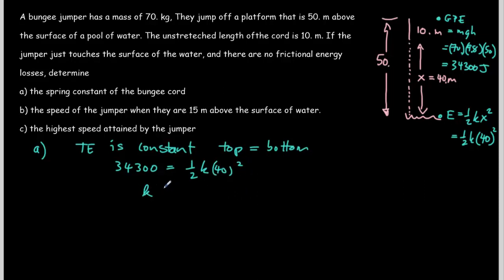And if you work that out, you should get a k value of 42.9 newtons per meter. And I'm extending that one extra significant digit so that we can use that in our subsequent calculations. But the answer should be 43 newtons per meter because our values were given to two significant digits, so our answer should be as well.